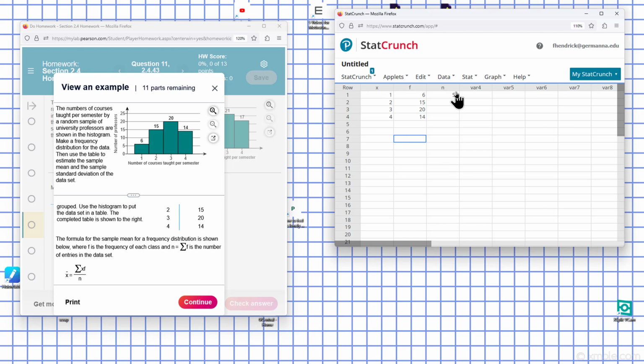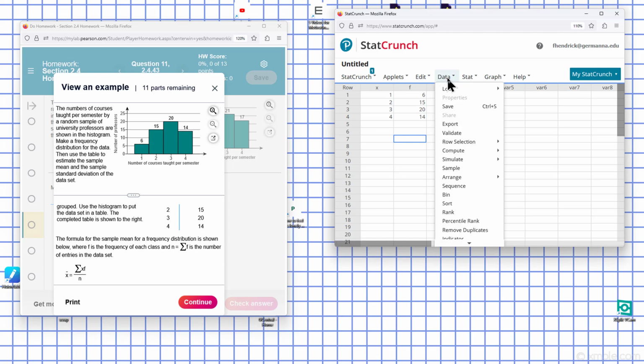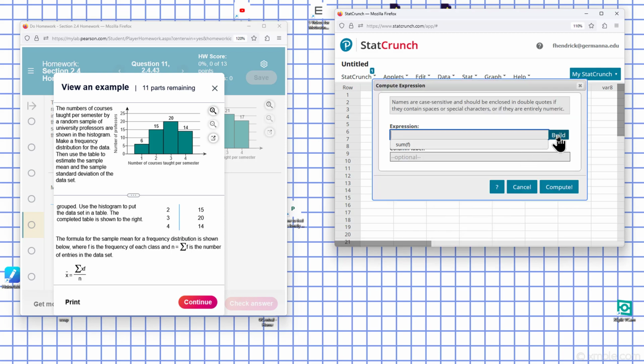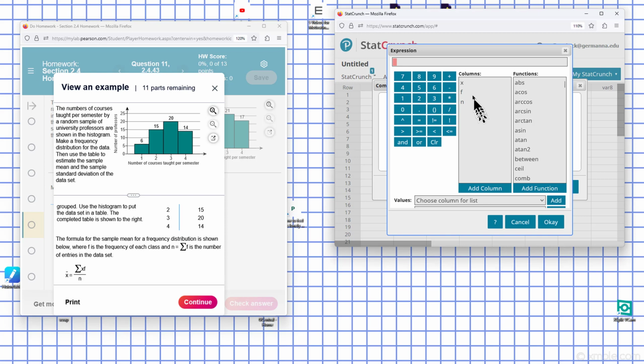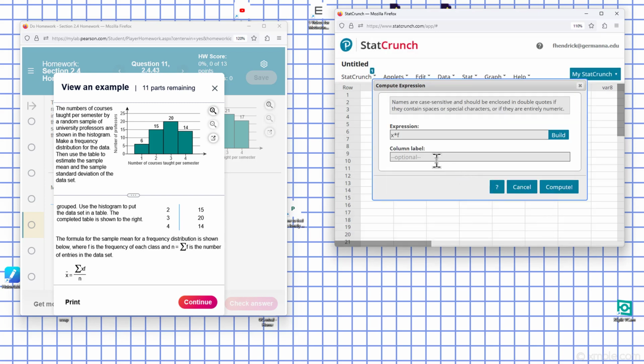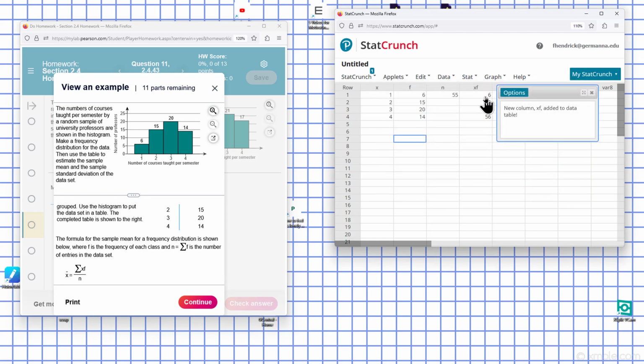I want to find x times f. So I go to data, compute, expression, hit build, x times f. I'll just put here xf. And there's my xf.